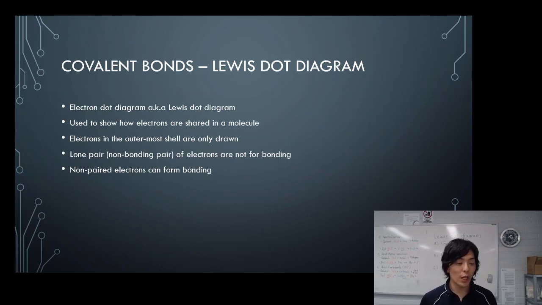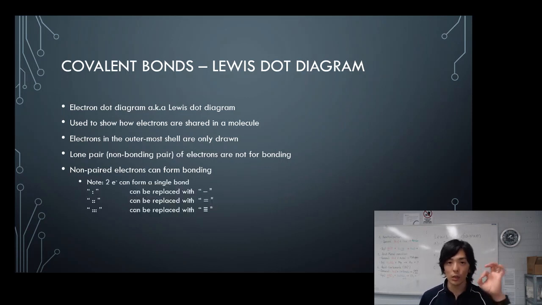Non-paired electrons can form bonding, so just single electrons sitting on their own. If you have 2 electrons, it's considered a bond. If you have 2 electrons shared from each side, so 4 electrons involved, you would expect a double bond.